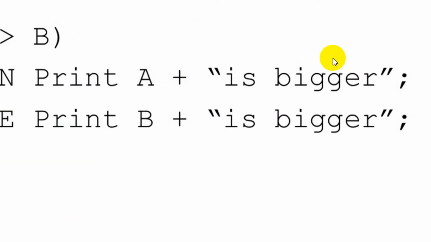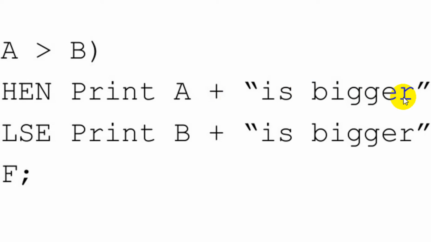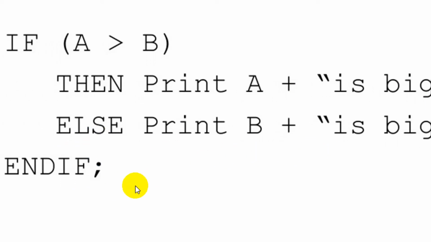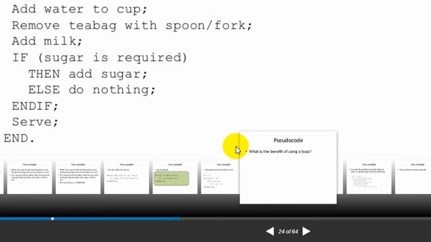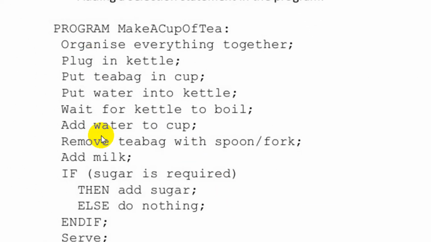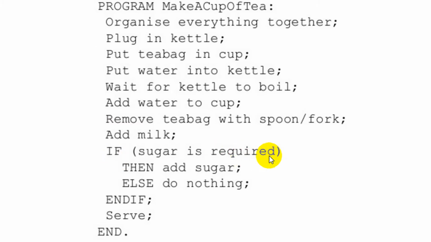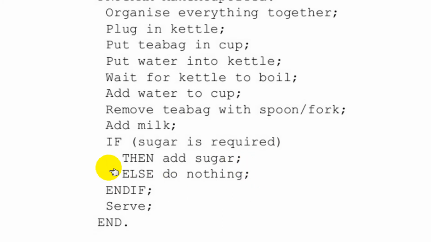If A is greater than B, then print A is bigger, else print B is bigger. End if. This is your program with the if and else. So you are deciding the flow of your program, whether to move in which direction, to go here, add sugar, or do nothing.